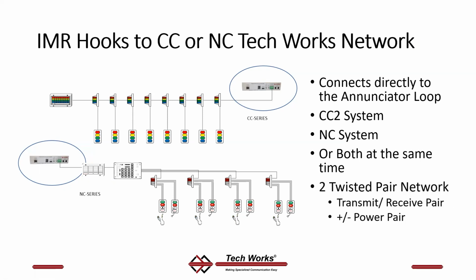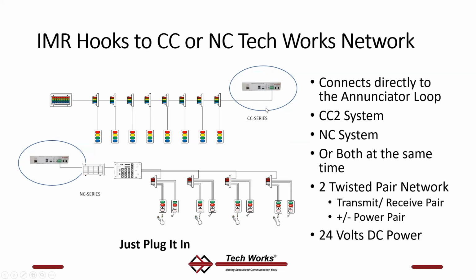Two twisted pair, transmit, receive, plus and minus power. 24-volt DC, so it's the same as the network, but it is not powered by the network. It's powered by a local power supply. Just plug it in. That's all you have to do, and the IMR will do a lot of the rest. It won't talk to the outside world because it doesn't know what's on the TCP/IP connector.